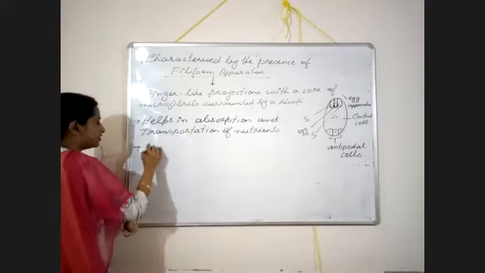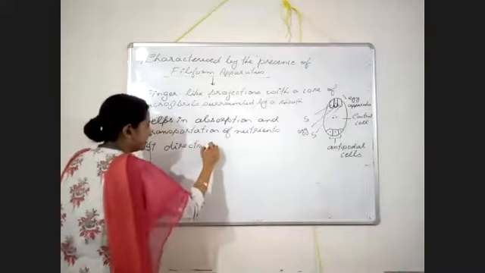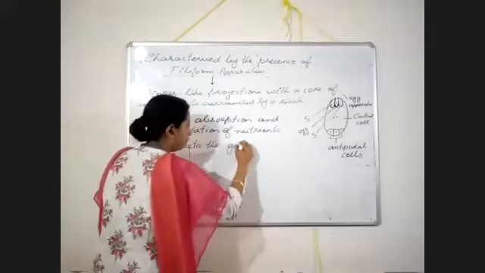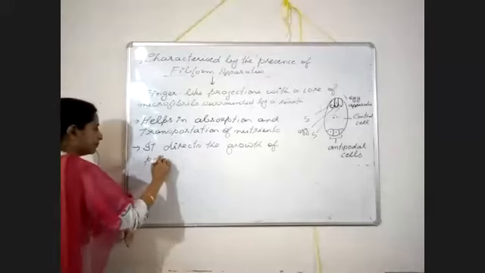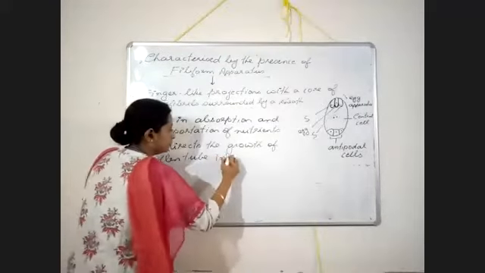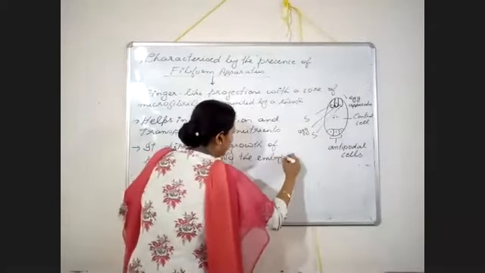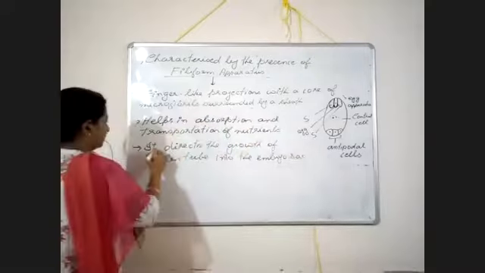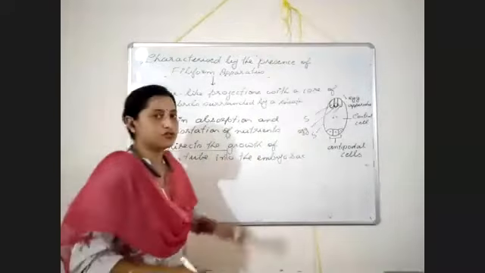And the most important function is that it directs the growth of the pollen tube into the embryo sac. Out of all the functions, this is the most important one.